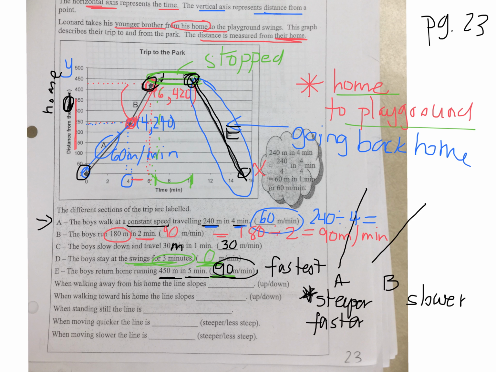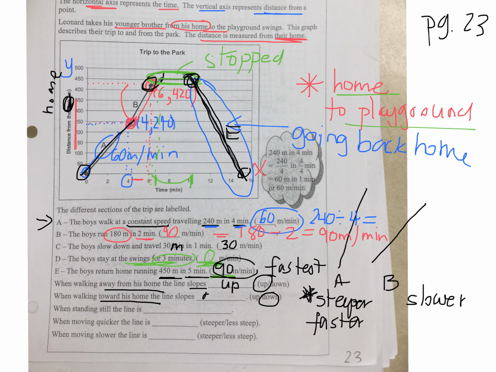That is the steepest. When walking away from his home, the line slopes up or down? This is when he's walking away from home, going towards the park. Up, good. When walking toward his home, when he's going back home, which way does the line slope?